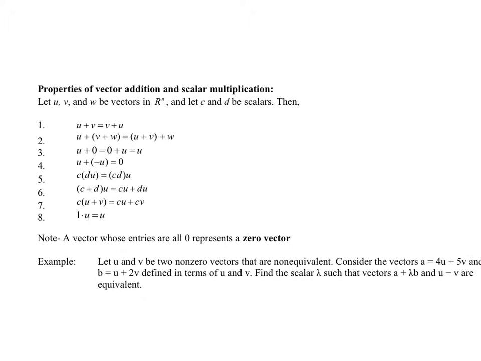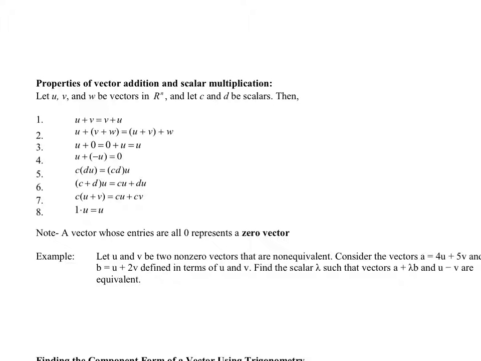So speaking of properties, we have the commutative property. You can add in either order. You have the associative property, which is basically kind of talking about the same thing. You can group it any way you want, you're still going to get the same sum, but only for addition.